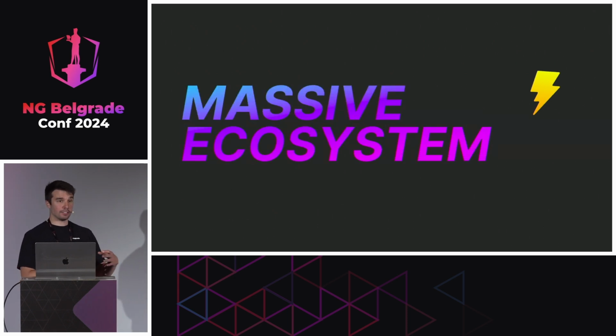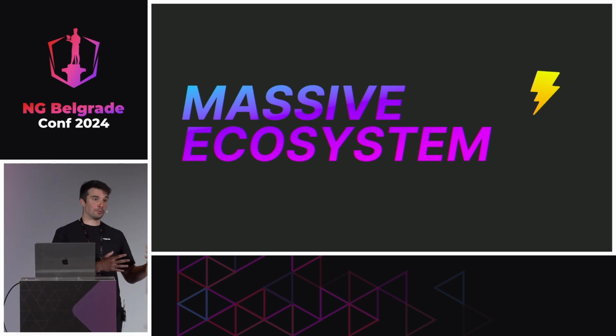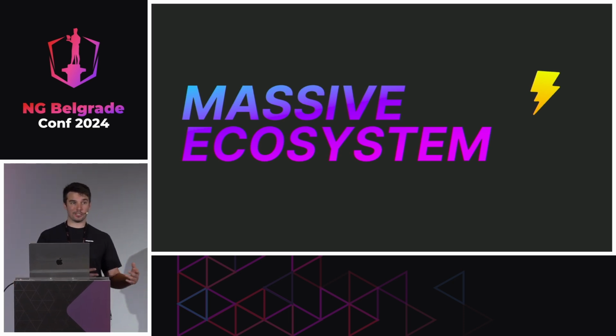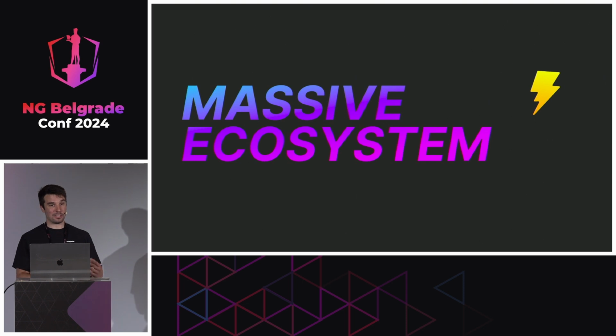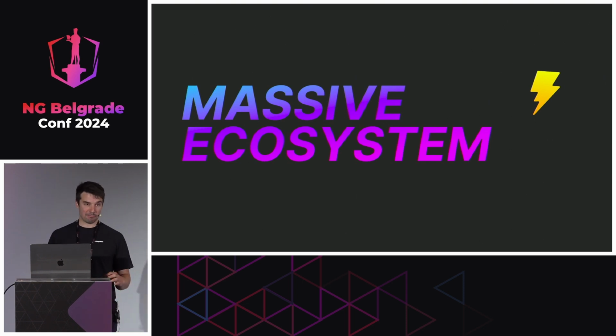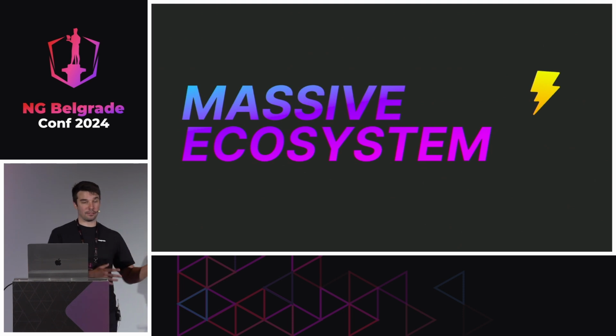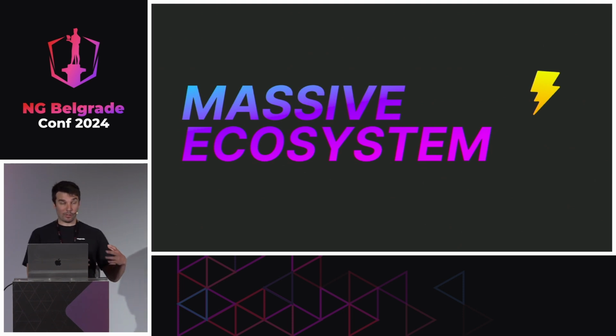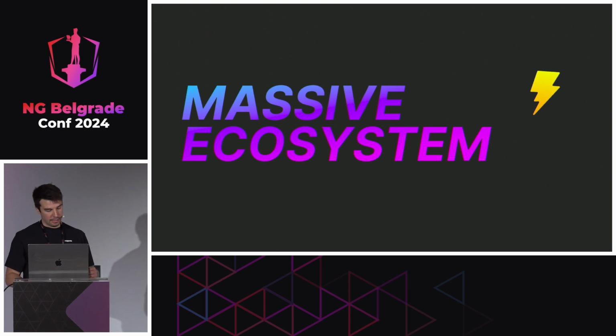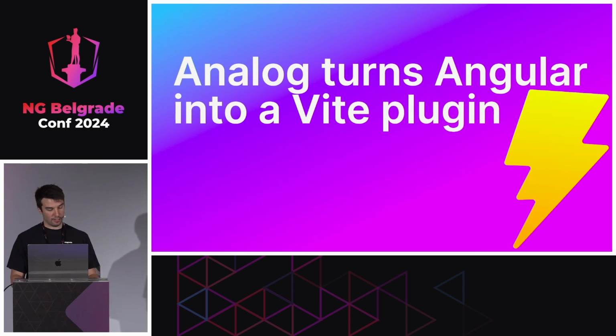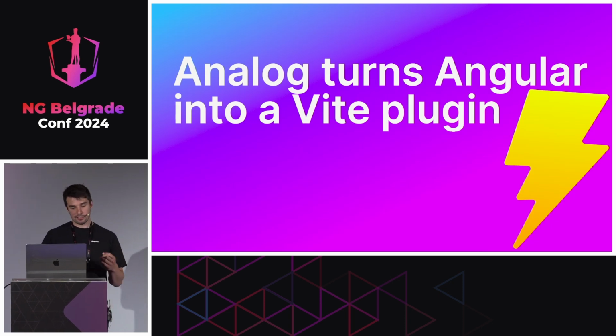And you get access to a massive ecosystem, right? There are Rollup plugins for pretty much everything. I didn't even know Rollup existed before I started contributing to Analog, but it's a massive ecosystem, and there's stuff like, during your build, you can send a notification to something. Well, there's a Rollup plugin for this, so literally anything you can imagine. And that's what makes Analog, right?